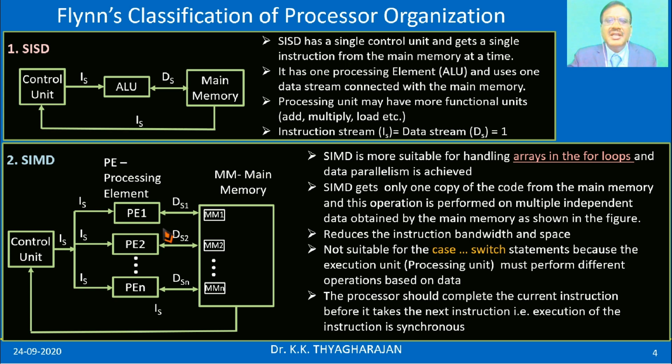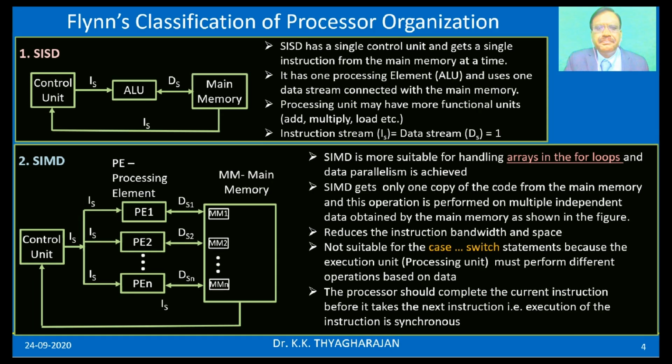In this case, the processor should complete the current instruction, for example addition. It should complete it before it takes the next instruction. So in this class, a single control unit is controlling multiple processing elements.